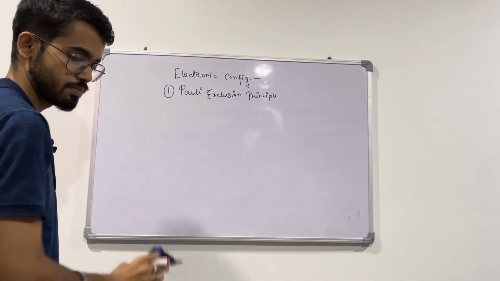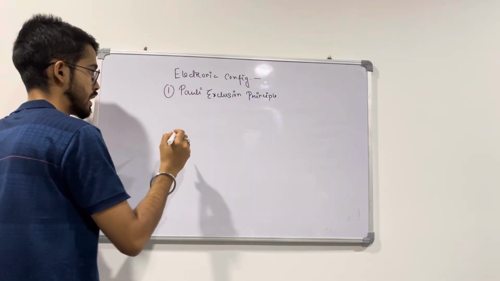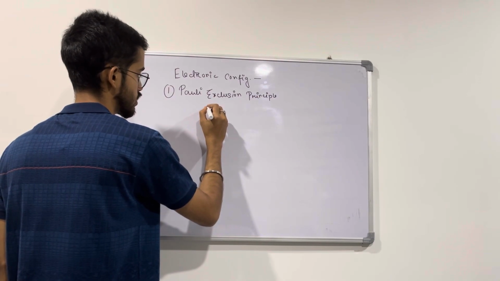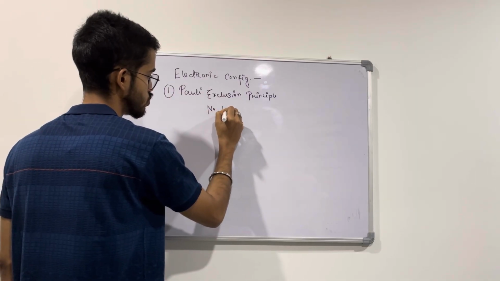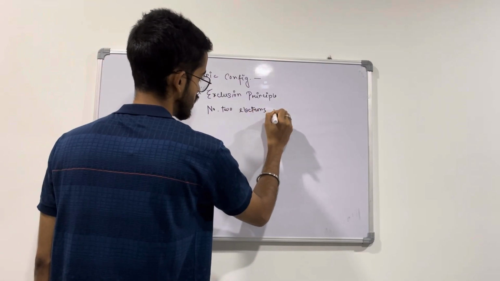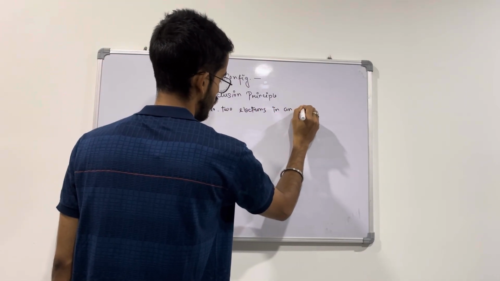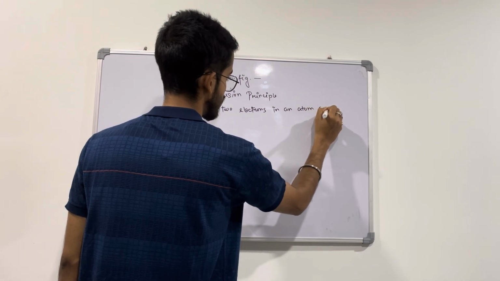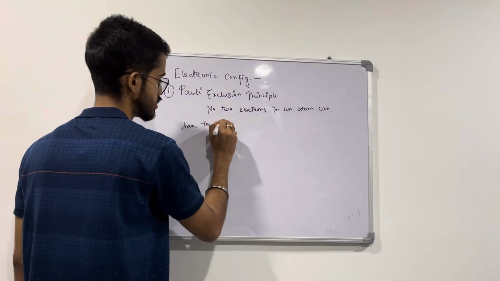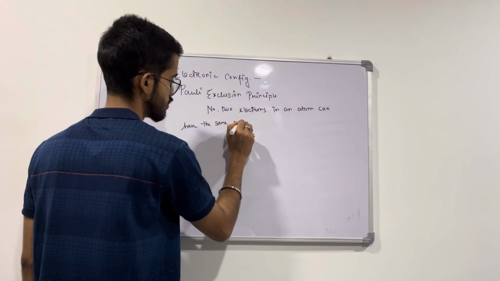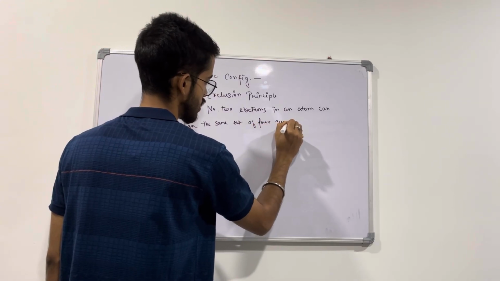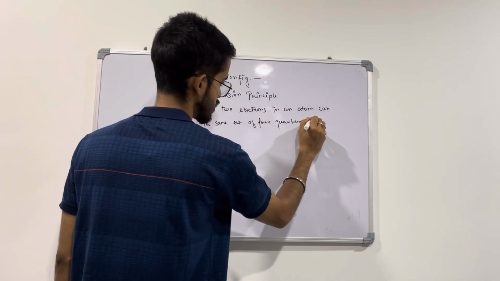Now, what does the Pauli exclusion principle say? The Pauli exclusion principle says that no two electrons in an atom can have the same set of 4 quantum numbers.